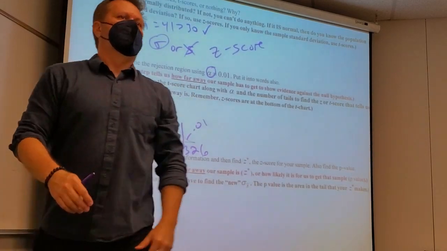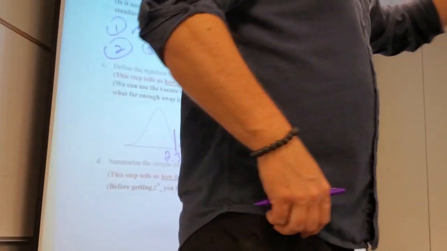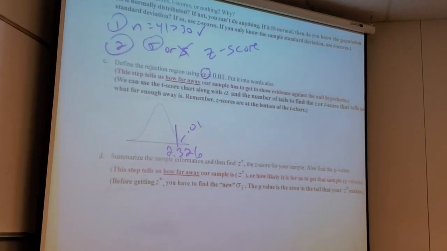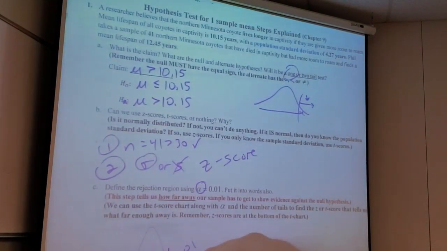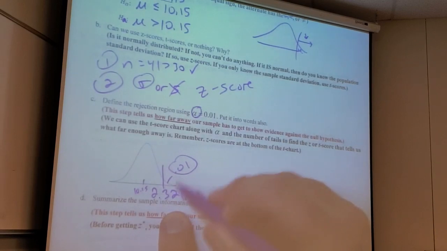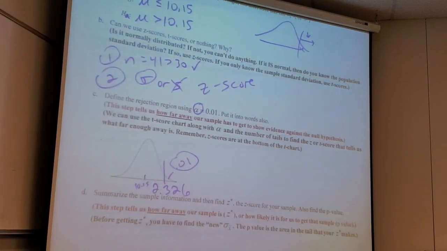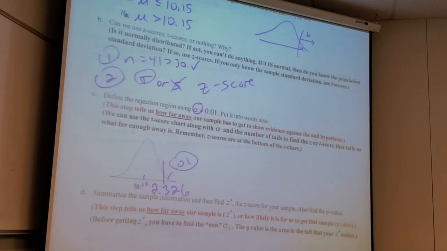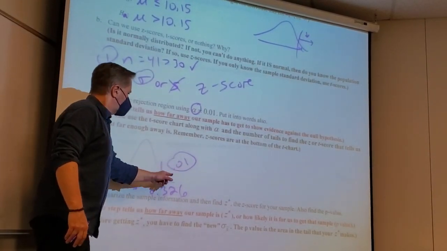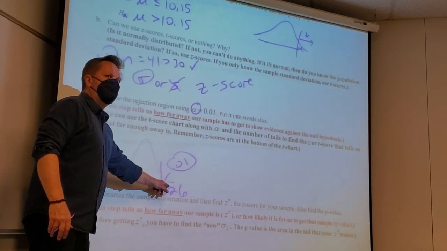In fact, what I really want you to understand is, what does that 0.01 mean? If the mean really is 10.15, then there is a 1% chance that a sample would show up in here. Let me say that again. If the mean really is 10.15, there is only a 1% chance that a sample would show up here.